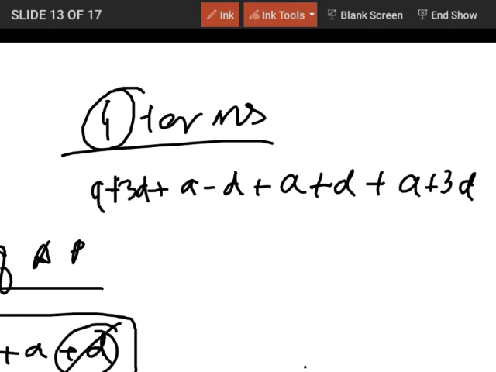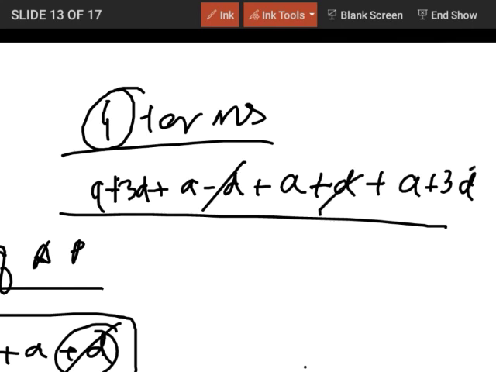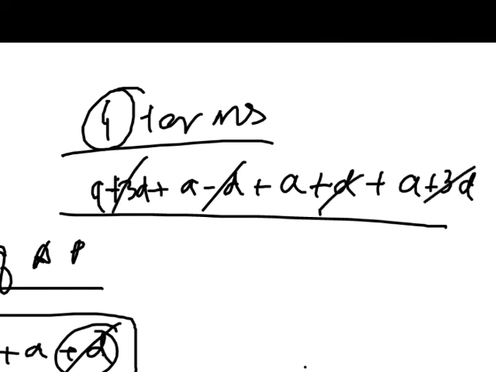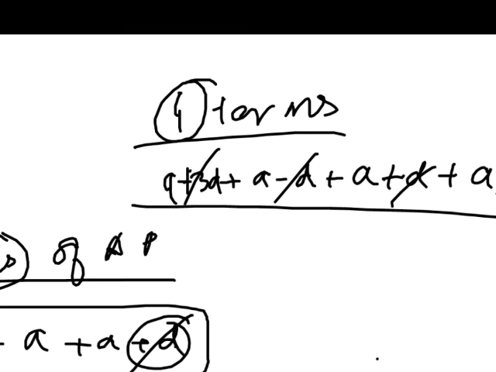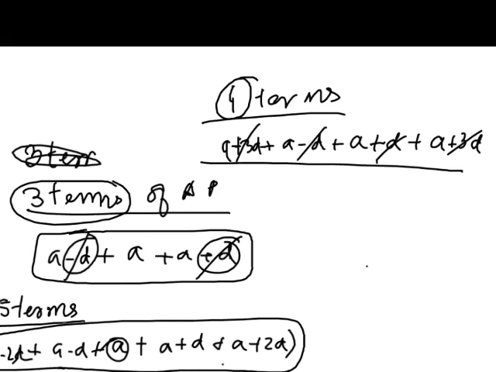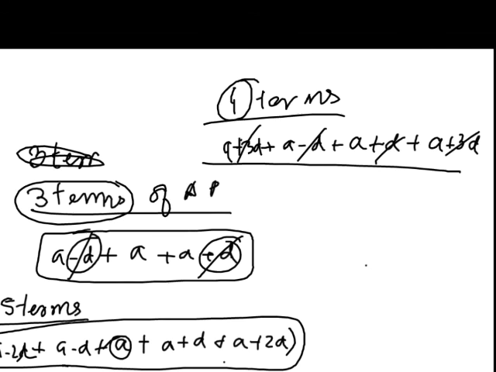Okay, so 1, 2, 3, 4 terms. If you add them, the d's get cancelled and all we are left with is a. So like this, you have to use some of your brain and just get the form for even terms of an AP. But if asked the odd terms, it is very easy.